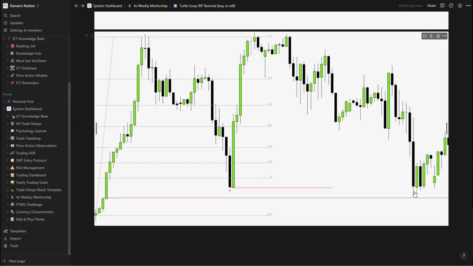And when it closed that void, you use SMT maybe to assist you with entry. So instead of a 20 pip or a 30 pip stop, you get a 15 pip or a 10 pip. SMT greatly helps us to amplify our trading, if you will. It's a really simple setup.